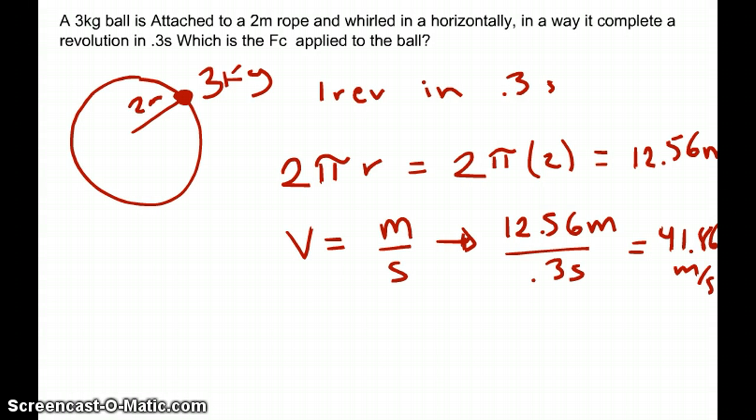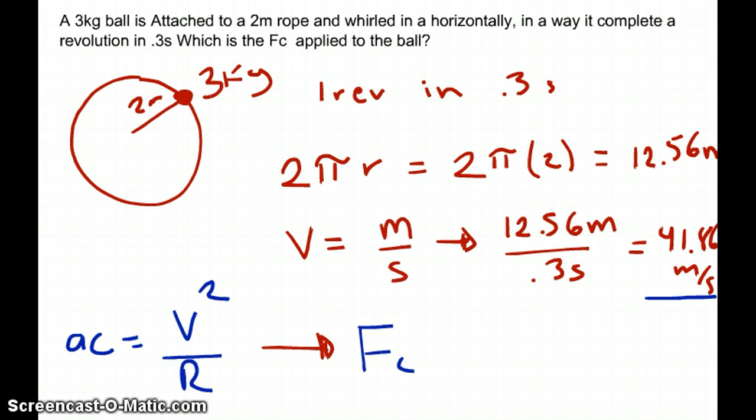Now that we have velocity, we can get our centrifugal acceleration, because we need it to get centrifugal force. AC is the same as velocity squared over radius, as we remember, and the formula for centrifugal force is mass times velocity squared over radius.